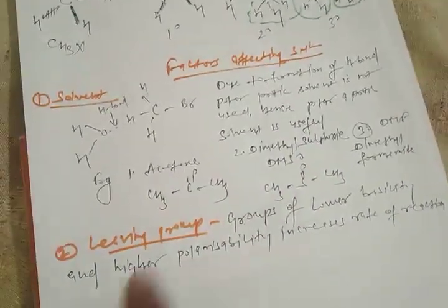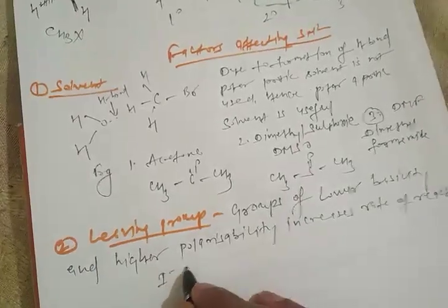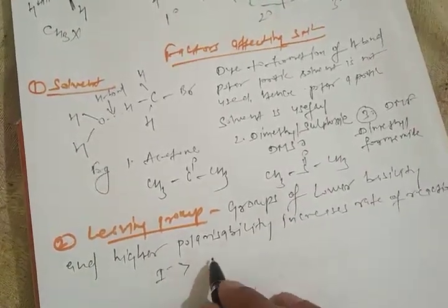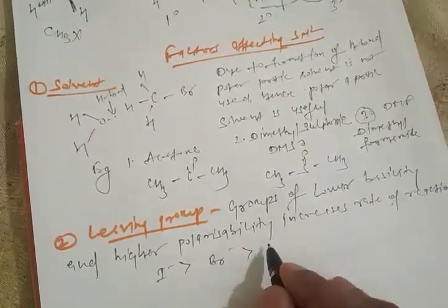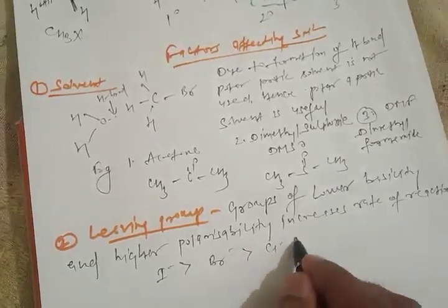The order is very simple, and we have already discussed it in SN1, so I'm not going to repeat or discuss it in detail. Okay, so this is the order.